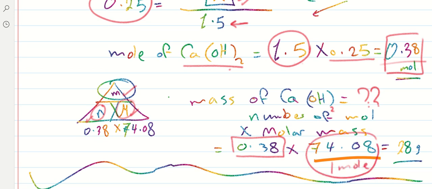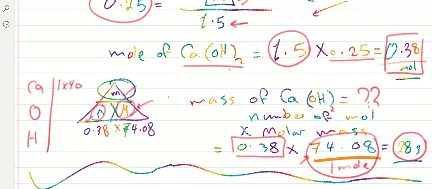This is the conversion factor. We took it last term. Equal to 28 gram. From where did I get 74? From the molar mass from the periodic table, by going back: calcium, oxygen, hydrogen. 1 times 40 because calcium is 40, 2 times 16 because oxygen is 16, 2 times 1 because hydrogen is 1, and then you add them together.